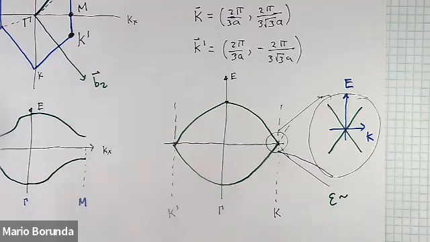Is there a quadratic dependence on the wave vector? How does it depend? Is it cubic, quadratic, linear? Linear. Yeah. So you see it's a line, right? So it's actually linear.